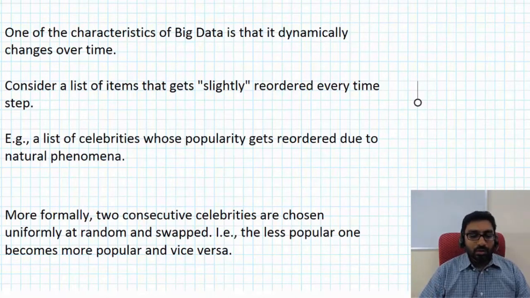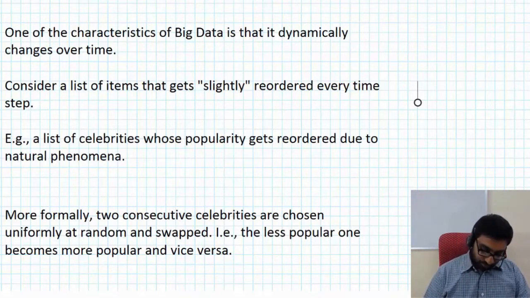A random consecutive pair is chosen uniformly at random, and the more popular of the two is made the less popular one, and the less popular is made the more popular. So basically we swap their popularities. This process itself is a random process.